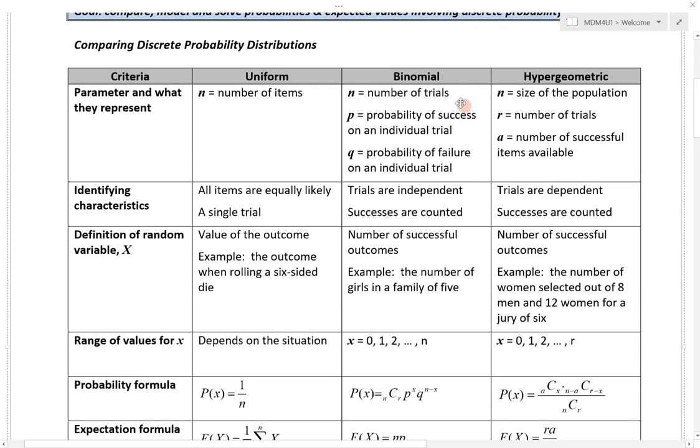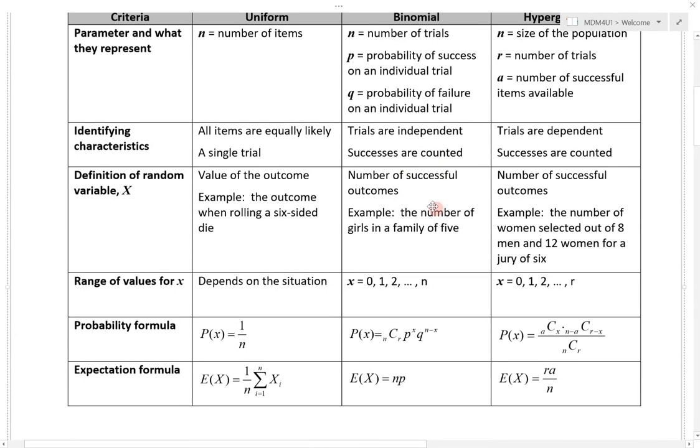For a binomial distribution, you have n as the number of trials, because we're looking at trials that happen independently of each other. P is the probability of successes, and Q is the probability of failures, and they're related because they both have to add up to 100%. Trials are independent. Successes are counted.